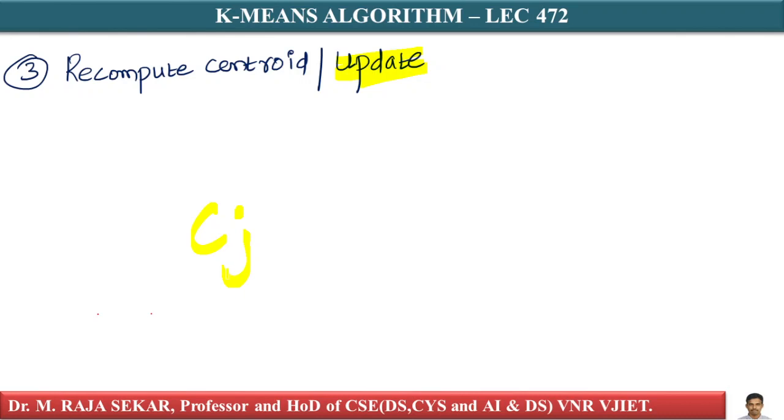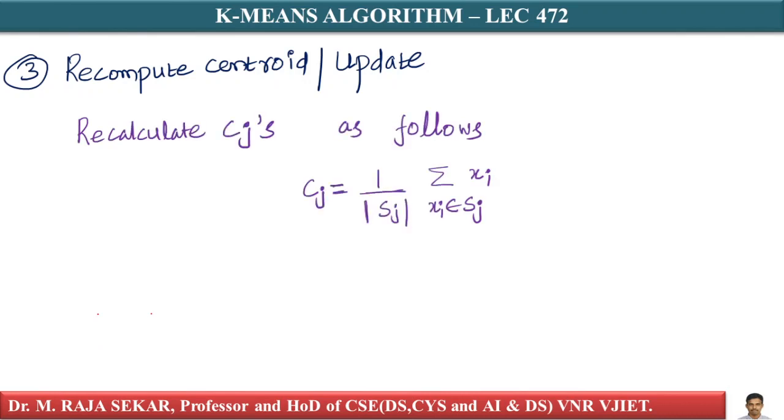In initial stage 1, you have your random centroids. Now you update your centroids. How can I update it? There is a formula: Cj equal to 1 by mod Sj, sigma xi belongs to Sj, xi. What does it mean? C1 means the centroid corresponding to set S1.